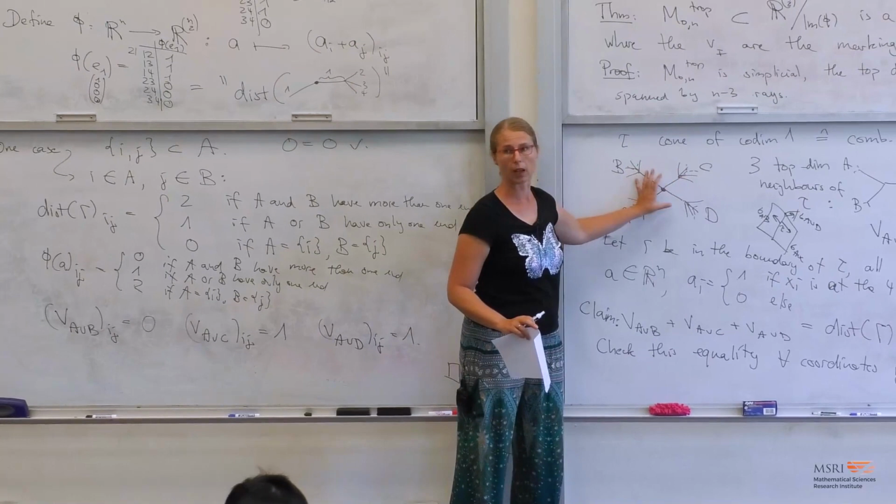We are about to make a statement about the degree of f, and the degree of f is measured in terms of counting inverse images, and we should count inverse images somehow only in the interior of top dimensional cones, and these are going to be the walls. This is where we should not count.